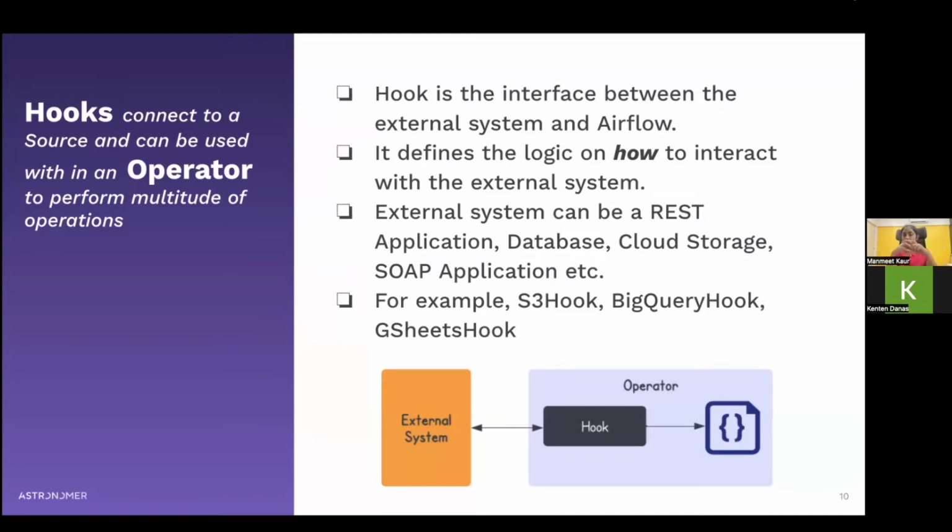So this will help you to actually separate out the logic, what you want to do in an operator, and how you connect to an external system in a hook, so that both of them stay separate and you can utilize a hook at multiple places. And you can also create your own hooks if required, just like operators.